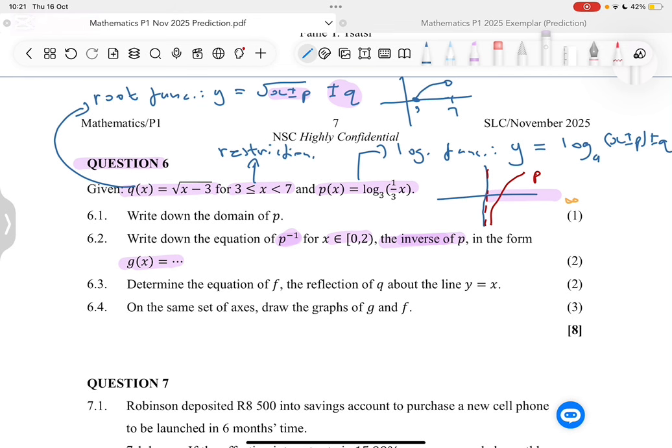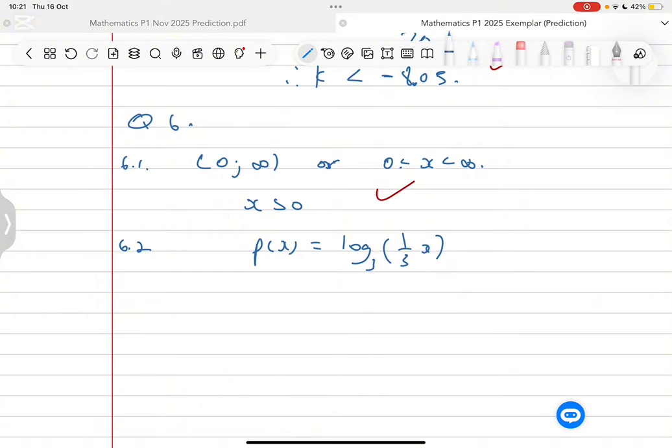We swap them. So that's why we interchange them here. For me to do that, I'll firstly write my p as a y. Remember, p are the y values. They can also be written as the y values. Now from here, I'll then do my first step where I swap x and y. I'll make my y to be an x and also make my x to be a y.